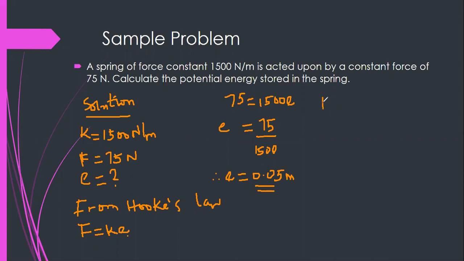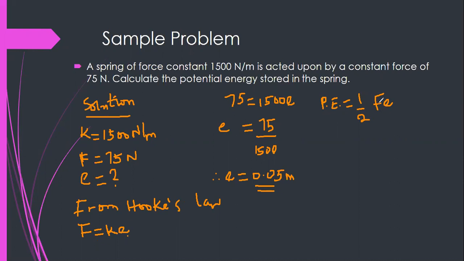So potential energy, we can also use this formula, because force is given in this question. And if you like, you can use the other one where you have K e square, which means you are going to make use of your K constant instead of force here.